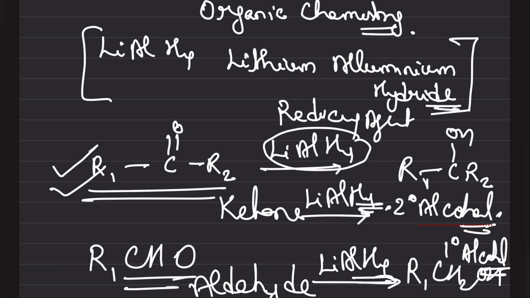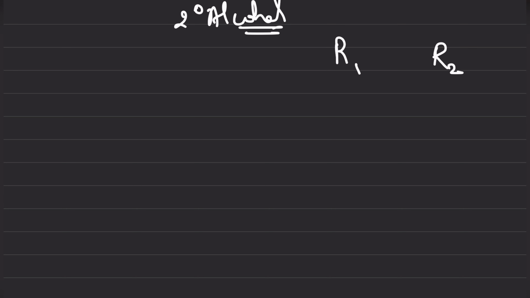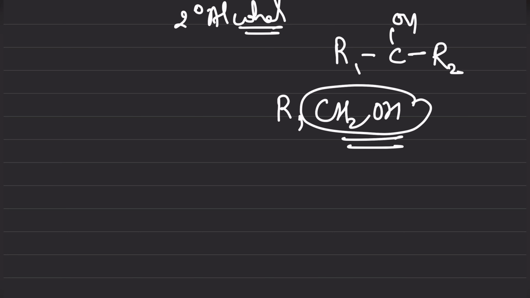So how are these types of alcohol defined? What is a 2-degree alcohol? In a 2-degree alcohol, R1 and R2 will be present and this OH will be there. And in a 1-degree alcohol, R1CH2OH will be there.